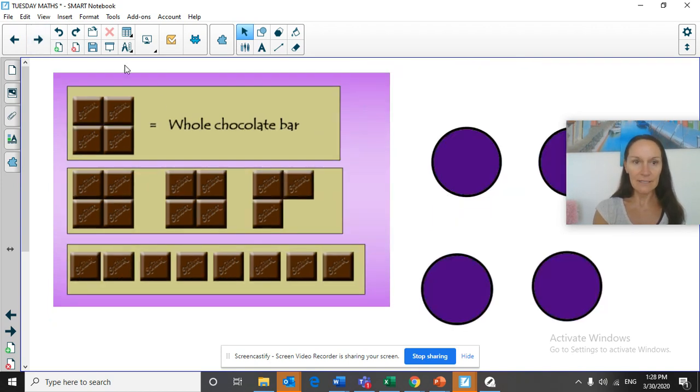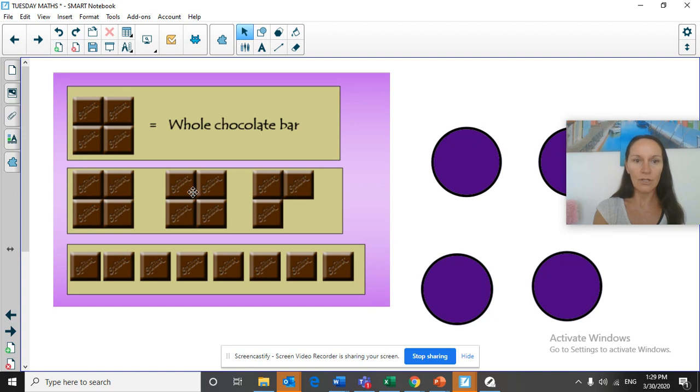Right, very similar to the last diagram I showed you, except this time 4 pieces of chocolate represent a whole bar. So what would we call each piece then? What do we call something that's split into 4 pieces? That's right, it's quarters.